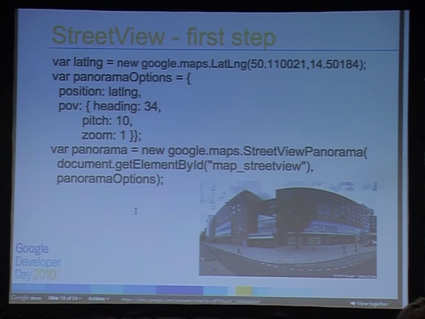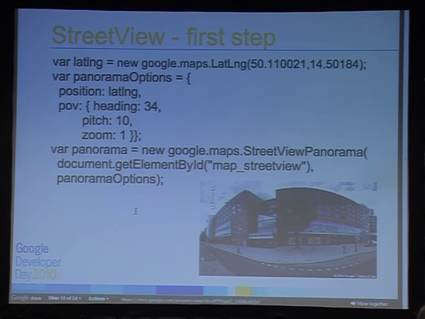Unfortunately, we have several cities ready, processed, but we cannot launch them until it is solved. But that doesn't mean you should not look at the Street View API, because it's available in a small south part of Brno, full Prague, Český Krumlov, and a few other locations. So in the meantime, you can try and practice on those few cities. And when it is completely launched, then you will have many more places to play with.